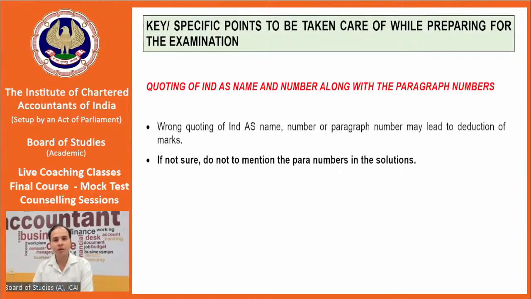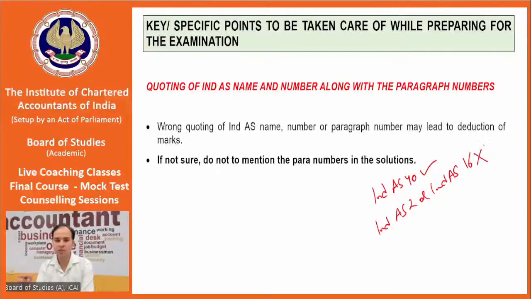Suppose para 40 is applicable in the real scenario, and you have mentioned para 2 or para 16, it will not create a good impression amongst the paper checkers. You may not get the required marks, so you should avoid it if you are not sure.